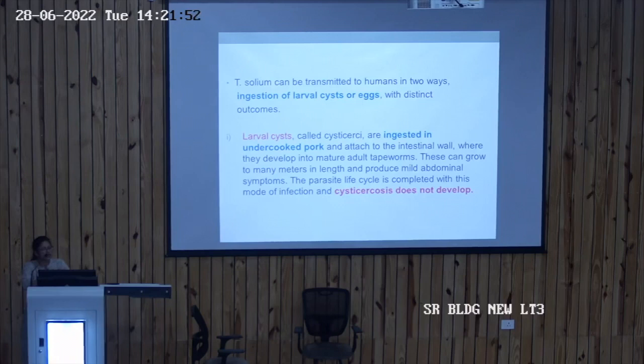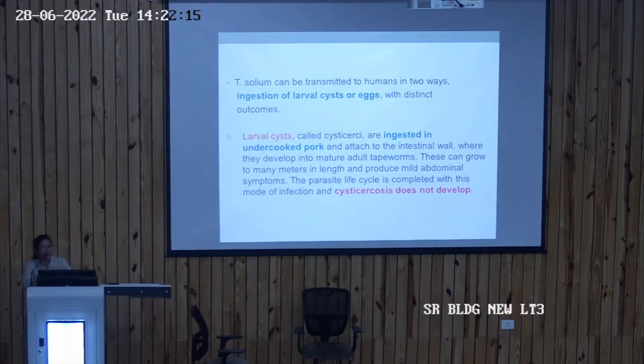Larval cysts called cysticerci are ingested in undercooked pork and attached to the intestinal wall. These usually do not cause many symptoms. They cause mild abdominal pain and they do not cause cysticercosis. So cysticercosis does not develop when anybody ingests undercooked pork or larval cyst.